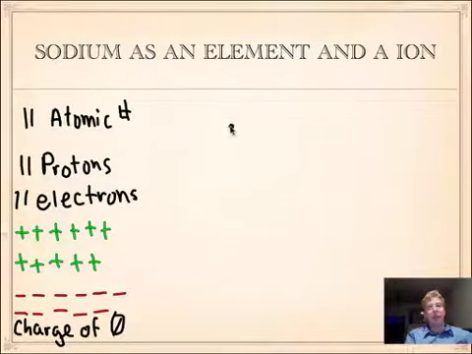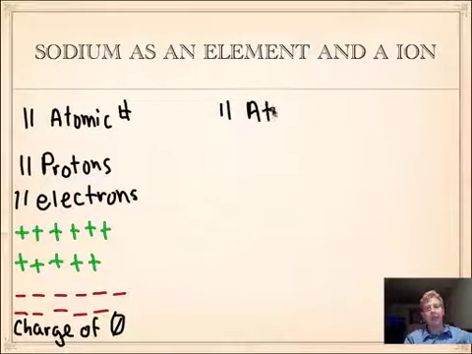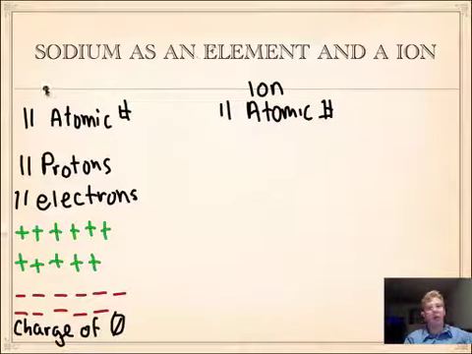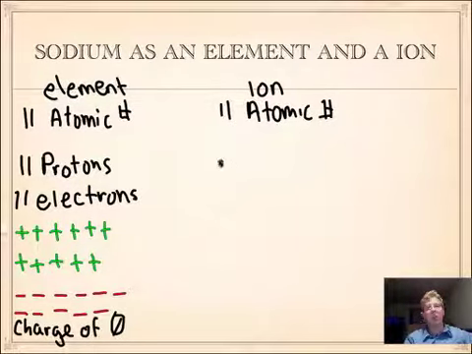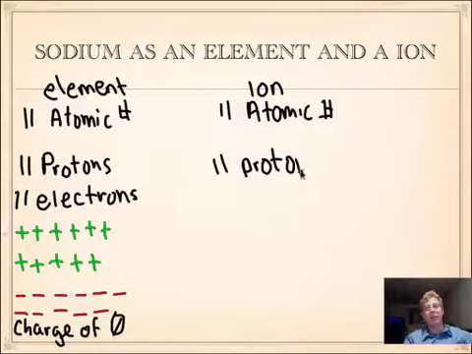Now, sodium as an ion is still atomic number 11, and it still has 11 protons for it to be sodium. But now instead of having 11 electrons, we only have 10 electrons.